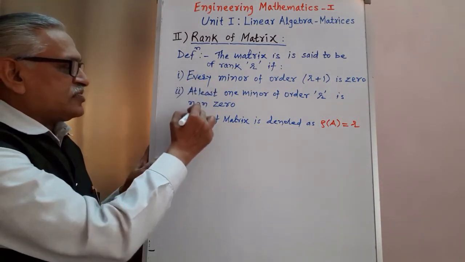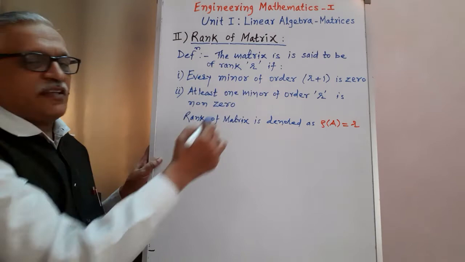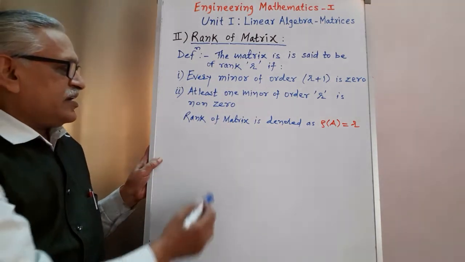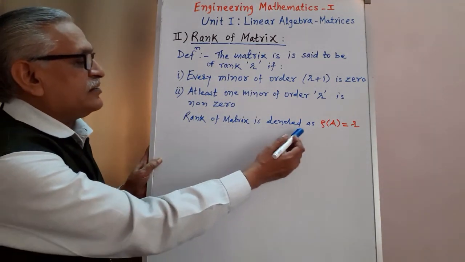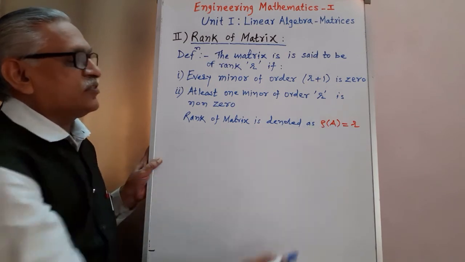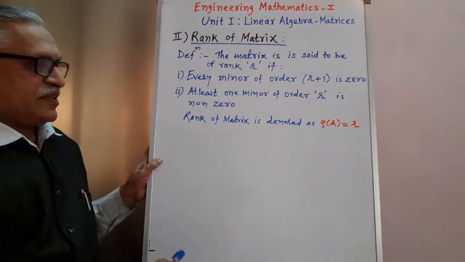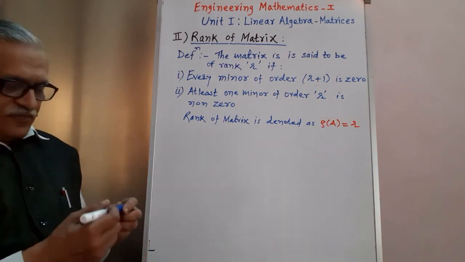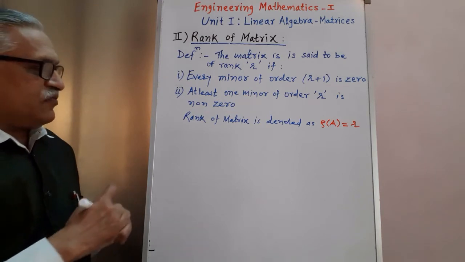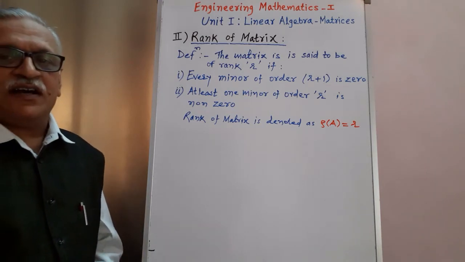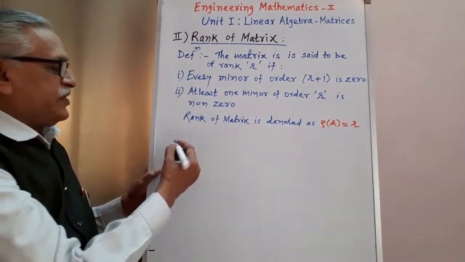If these two conditions are satisfied, then r is said to be the rank of that matrix, and it is denoted by rho of A equals r. Therefore, let us see one example of how we can obtain rank of a matrix with the help of the definition.